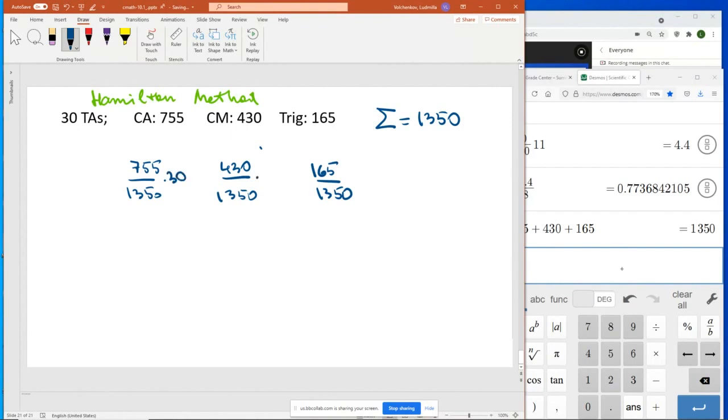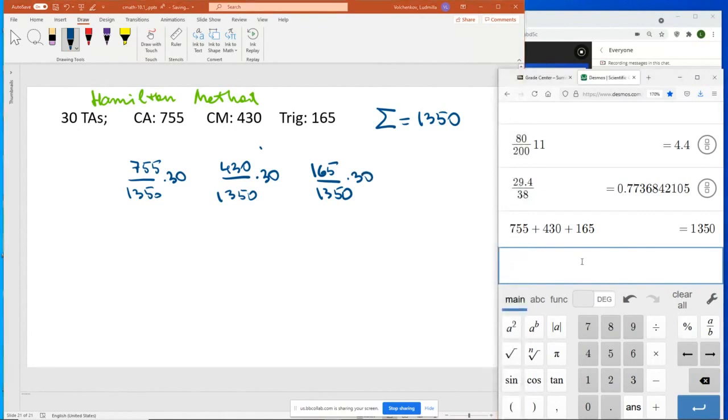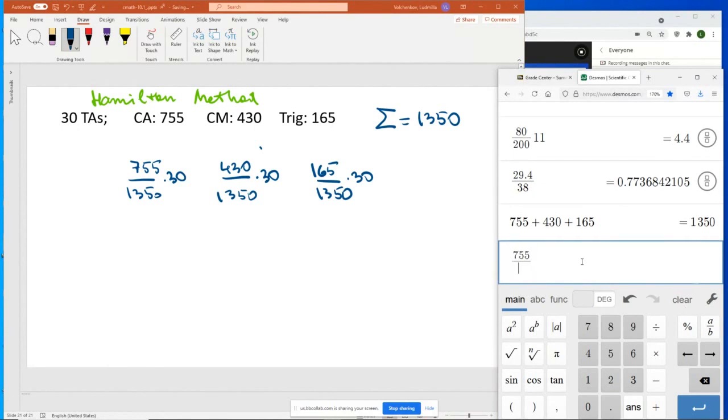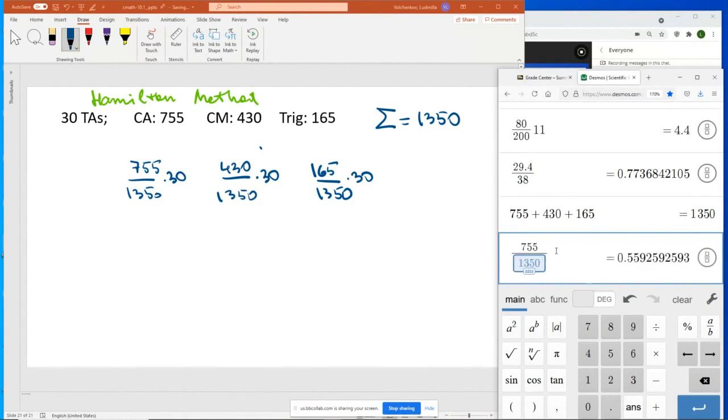We assign 30 teaching assistants. So let us find this. First, college algebra, 755 students divided by the total and multiplied by 30.